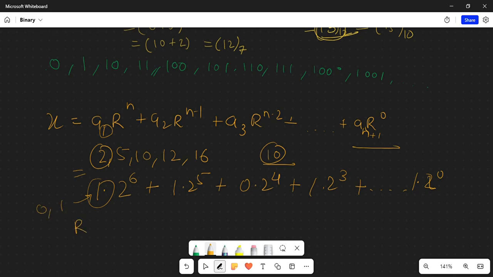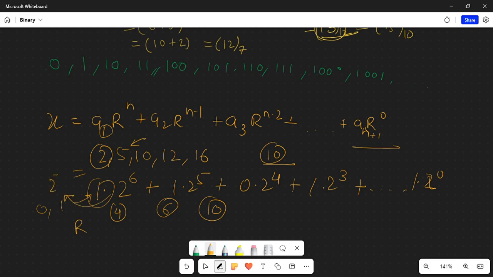But for a radix other than binary, for example if it was 5, then this could go up to 4, because we do not have numbers beyond 4 in radix 5. And similarly for radix 7, the number could go up to 6, because beyond 6 you would have to use 10, so it would be one bit above.